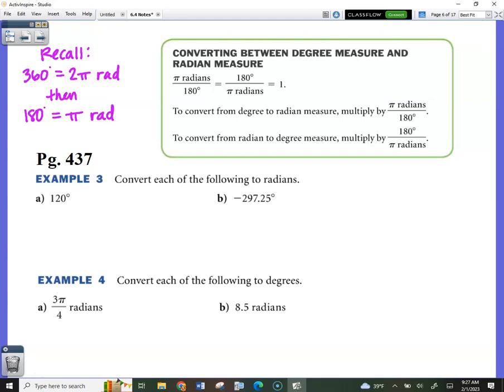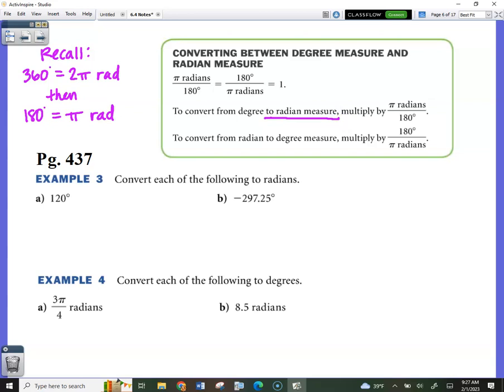When you are converting back and forth, you have one of two scenarios. It's either pi over 180 or 180 over pi. And the reason why is because those two are equivalent, right? If you're converting to radians, you're going to multiply by pi over 180.